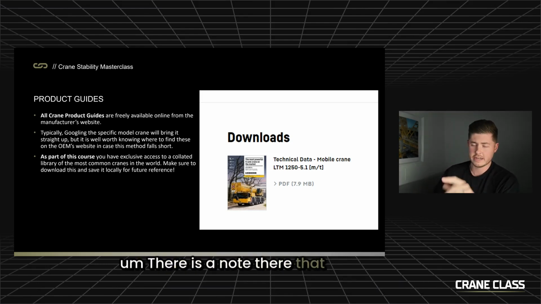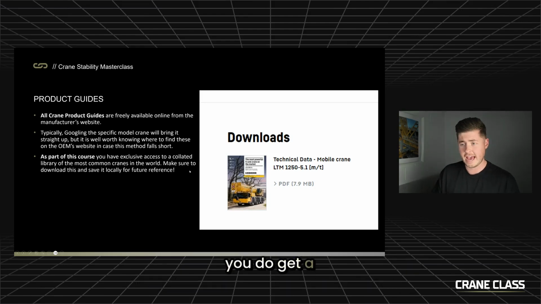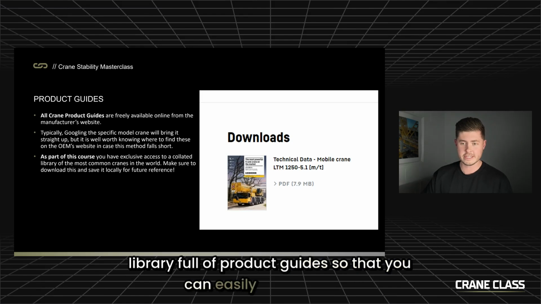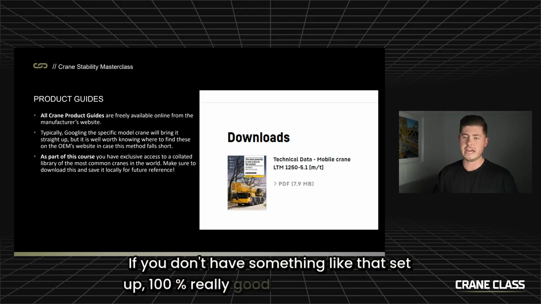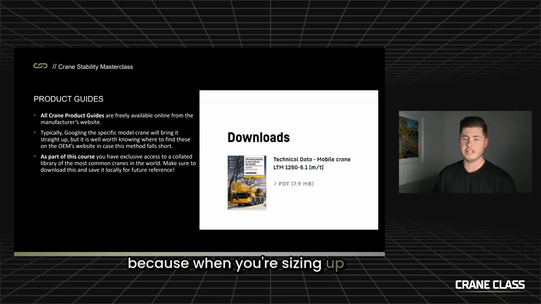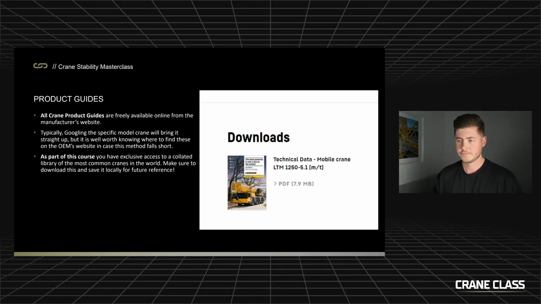There is a note there that, because this is out of the course, as part of the course you do get a library full of product guides so that you can easily access them. If you don't have something like that set up, it's 100% really good to have them set up, because when you're sizing up a lift, you want to quickly be able to jump between product guides. All right.